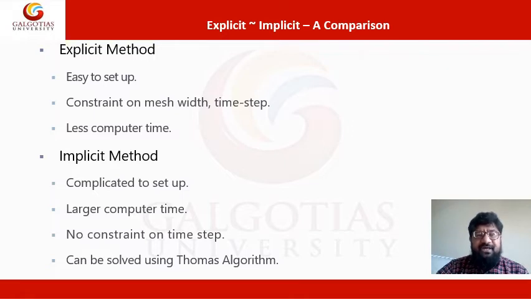So del t can be chosen 0.1, del t can be chosen 0.5. But in explicit method, there is a constraint which is governed by the CFL number, that is the stability criteria. We will talk more about the CFL number and stability criteria in the next lecture.